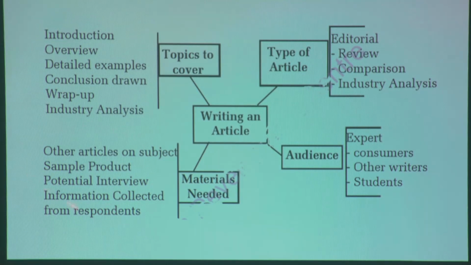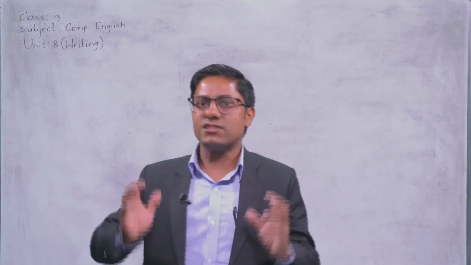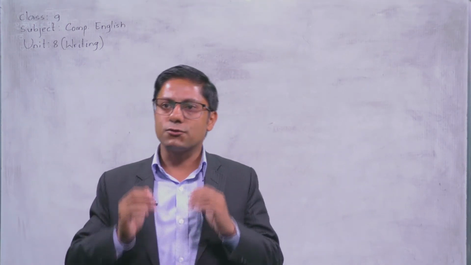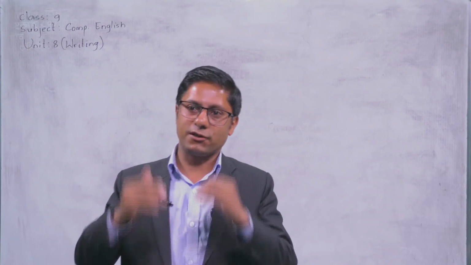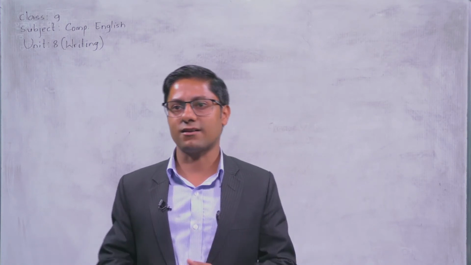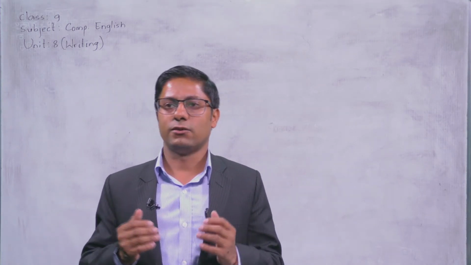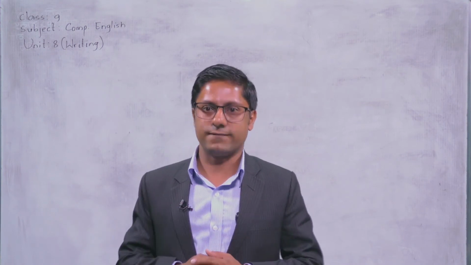These can be the materials needed for you to write an article. So you think of all these ideas and try to develop one article yourself. After you develop the article, you share it with your friends in the class, and also ask your teacher to go through it and give you feedback.